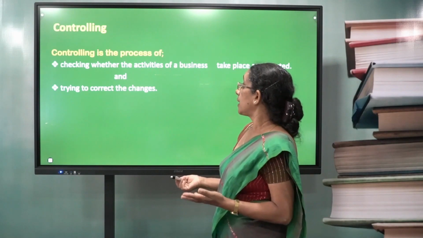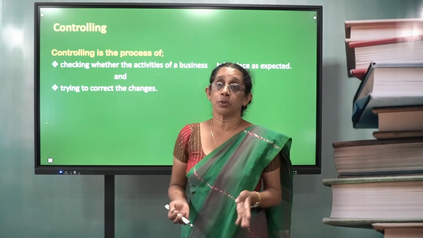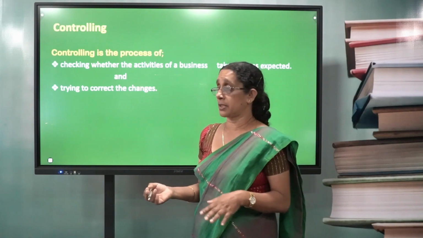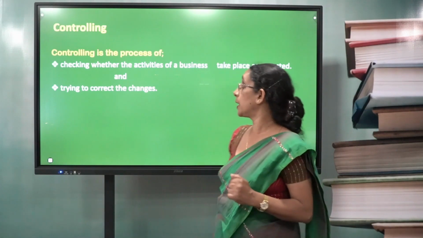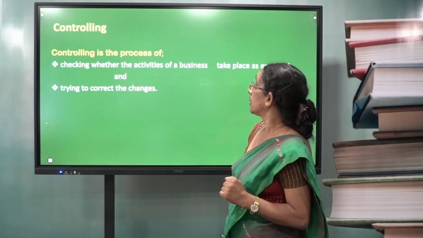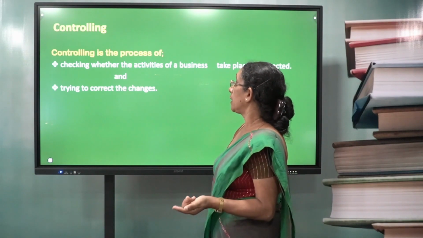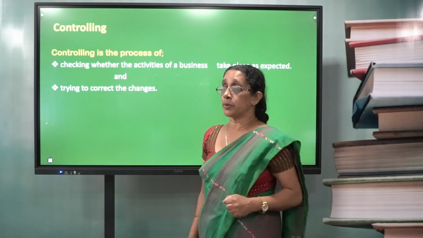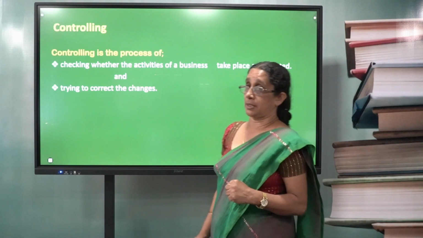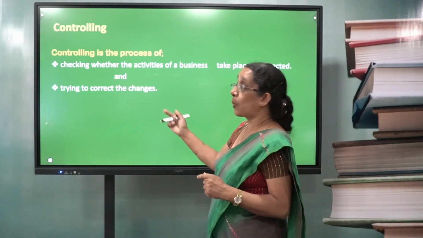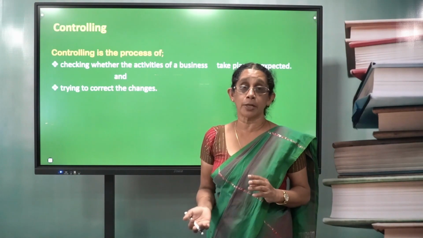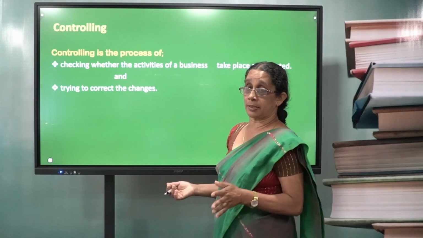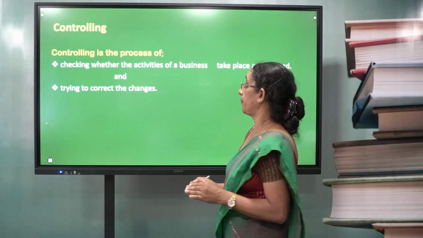You expect to produce a number of products, imagine 10,000 products within this week, but at the end of the week you might see that you can't reach the target of producing 10,000 units. So you have to see why the business can't produce this, and after finding the reason, you have to try to correct it.